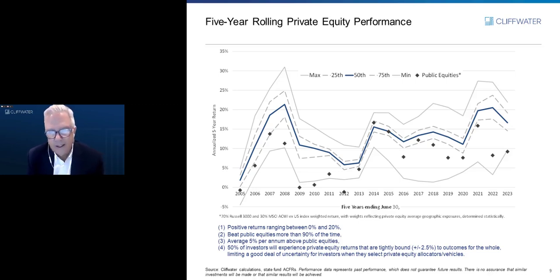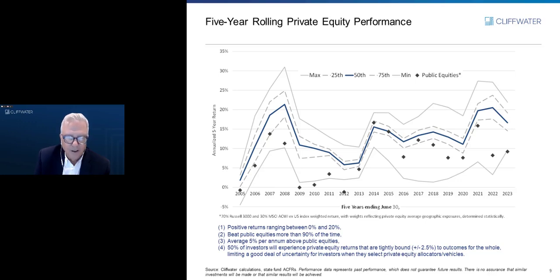My next point is that I'm showing here the 5-year percentile ranges: the 25th, the 50th, which is the median, and the 75th. So 50% of the observations are between the dashed lines. And then I show the minimum and maximum.